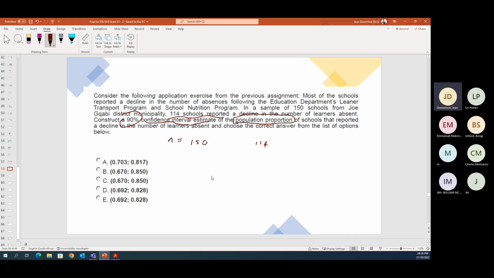So we're working with this formula of the proportion. Remember, proportion is always Z. So we're working with Z at least, but with a proportion, we have a bit of a different formula that we use.